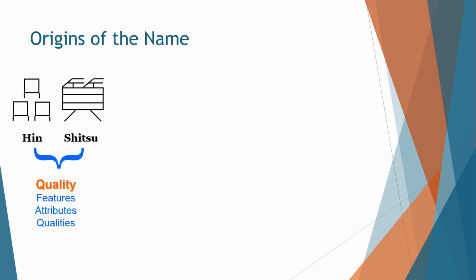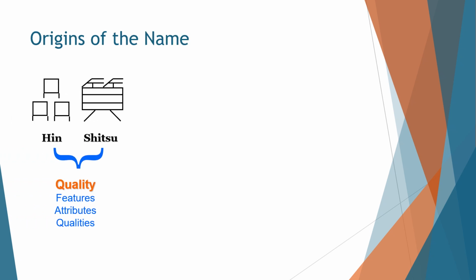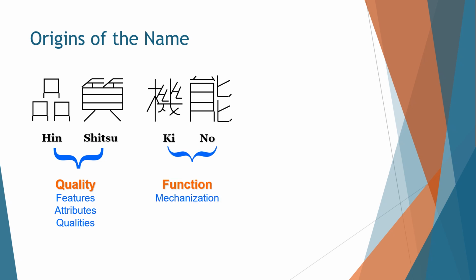Origins of the name. Hin shitsu, quality, includes features, attributes, and qualities of the product, service, application, etc. Kino, functionality, mechanization.